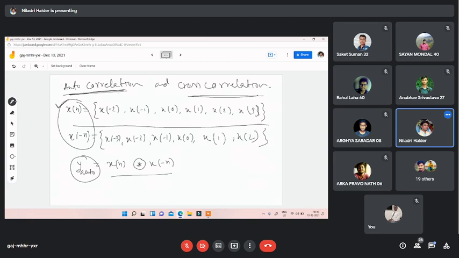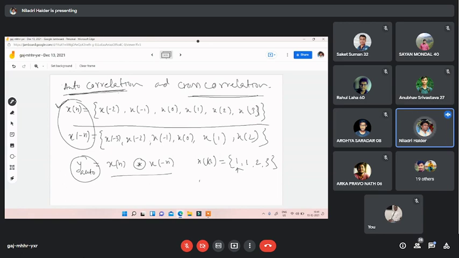If you do that, you will have the autocorrelated value between x(n) and itself. Clear or not? Yes, sir. Okay. So suppose x(n) is given, a small example I am considering: x(n) is 1, 1, 2, 3. This is the initial position. You have to do the autocorrelation.